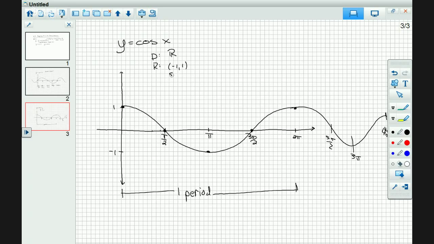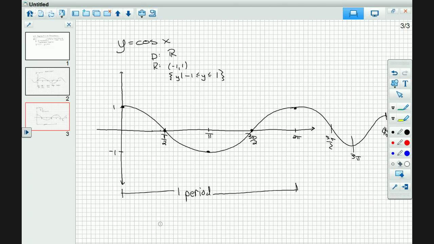We can write it as a set, if you wish. Close. Either of those works. The period is 2 pi. We've already talked about that.